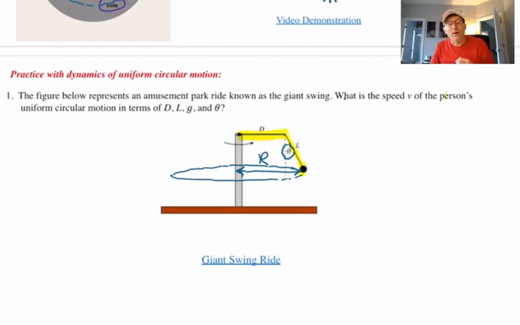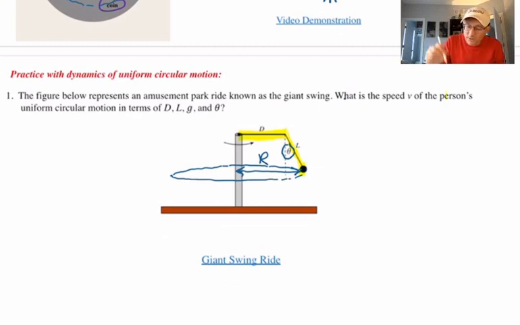And we'll talk about why it has to be that way because of Newton. But that's just the geometry. There's that boom arm sticking out of length D, and then there's the cable of length L with the person at the end of that cable, and that cable makes an angle theta with the vertical, and the person's going around in a circle of radius r at a constant speed v.